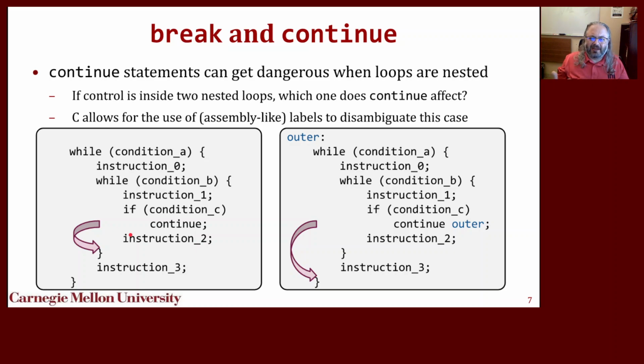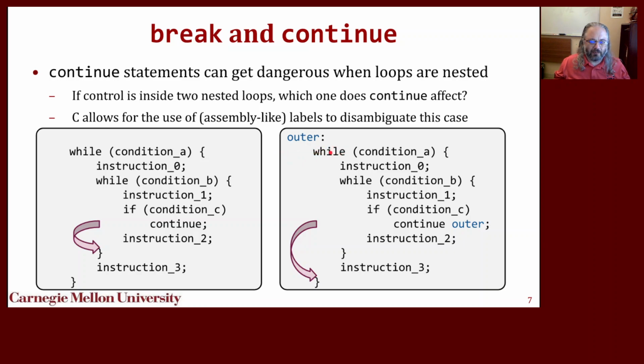But a label is a name for a position within the code. So in this case, we're defining a label called outer, and it refers to the line of code where the while loop starts.